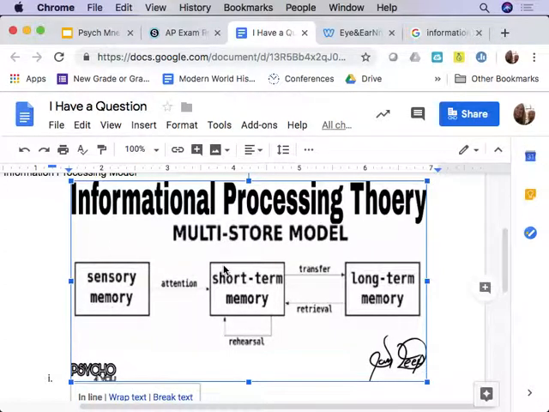We have our three main types of memory: sensory memory, short-term memory, and working memory, which falls within short-term memory.